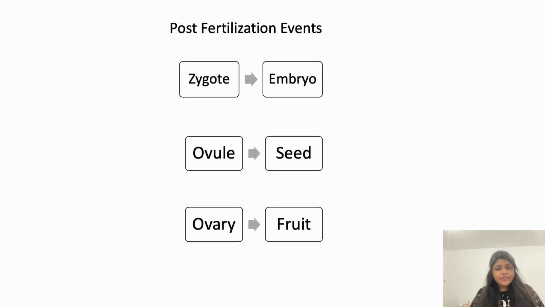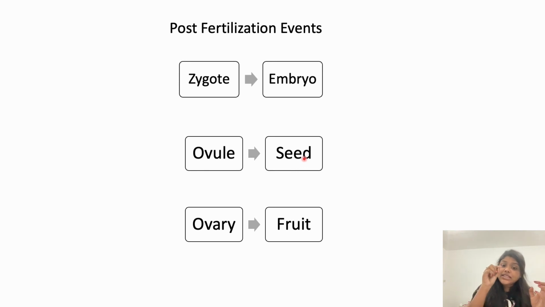So what happens after fertilization? After fertilization, we have the zygote, which after multiple rounds of cell division gives rise to an embryo, and this embryo in turn will give rise to your entire plant. The ovule, which contained the egg, gets converted into the seed, the hard seed that we see. If you open an apple, you will see the seeds inside.